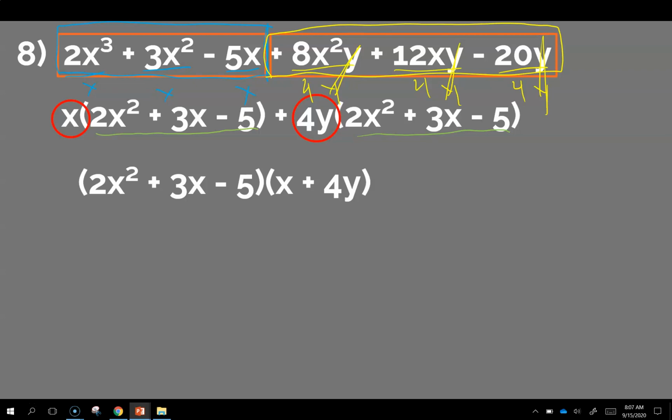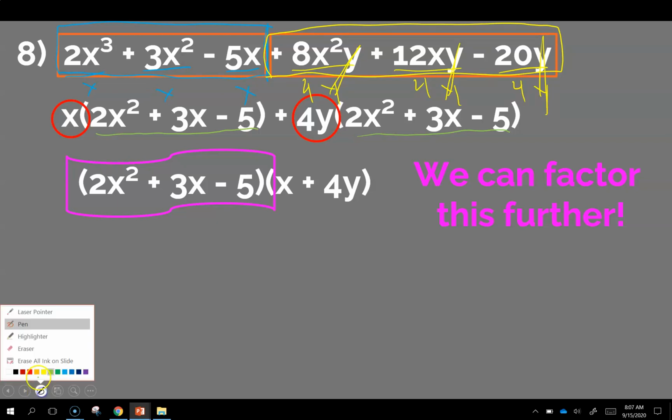All right, and we can do one more thing because we still have a quadratic in our answer. And from part 1, we learned how to slip and slide. So you would actually use slip and slide with this problem. So this is a twofer. I'm going to do slip and slide over here on the side of the page.